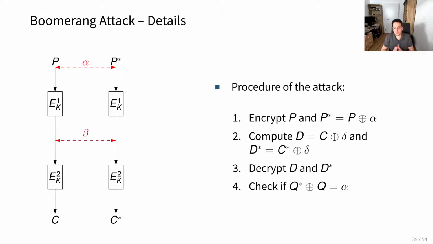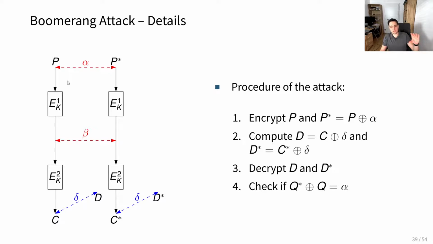So what's the procedure? We first have two plaintexts again, for example P and some P star, which is essentially P plus a difference. And we encrypt these two P's, and what we arrive at is C and C star.